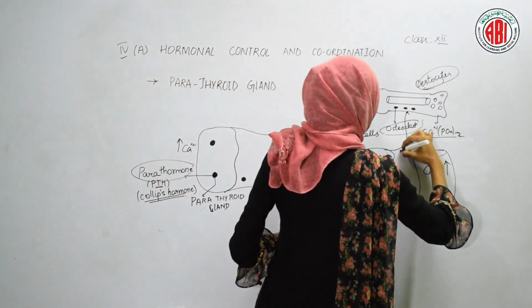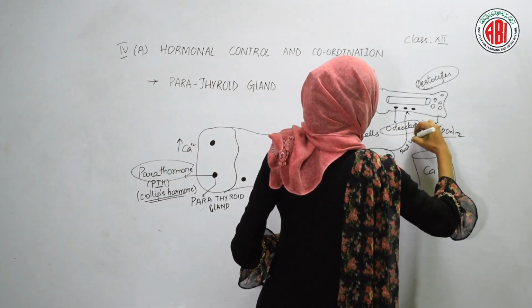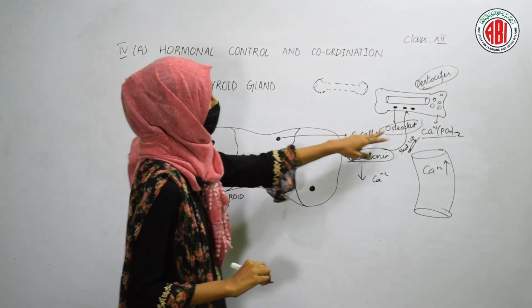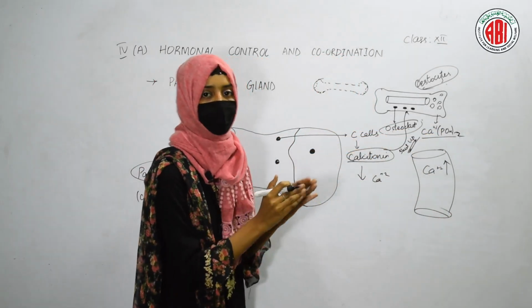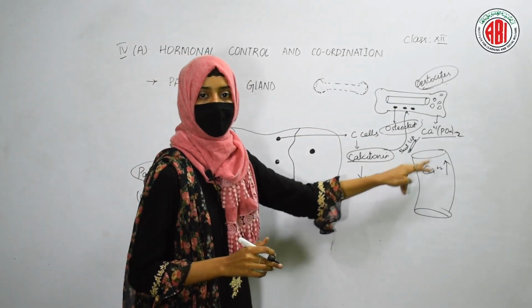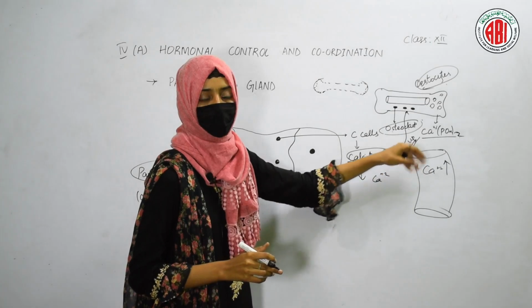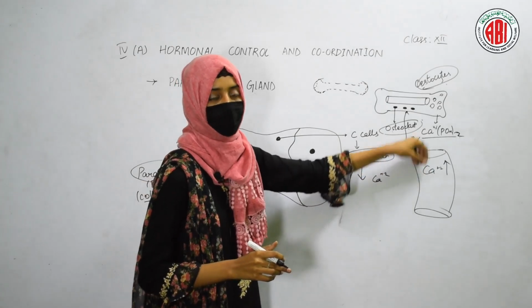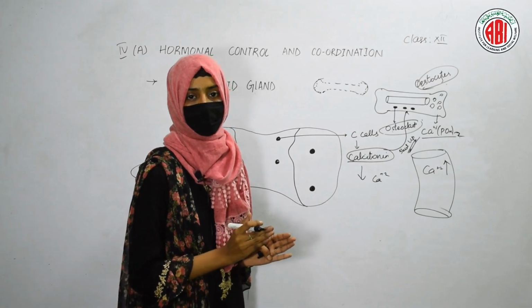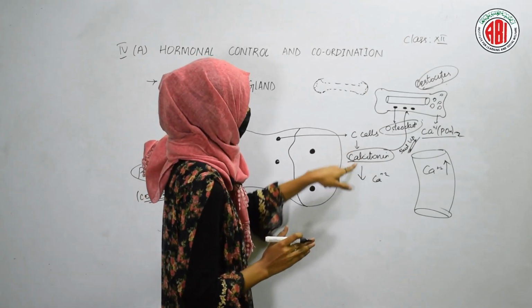This calcitonin shuts down the activity of osteoclasts. So as soon as the activity of osteoclasts stops, calcium will not get transferred into the blood, and then slowly the extra calcium that is there in the blood will enter into the bone. In this way, the regulation of the level of calcium can be done by the secretion of a hormone called calcitonin.